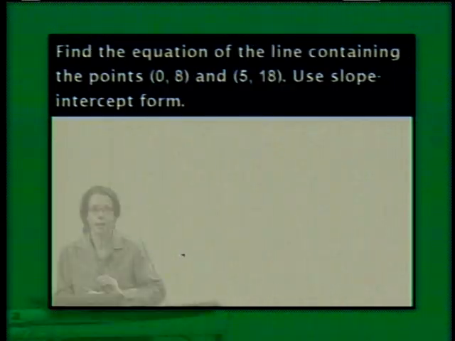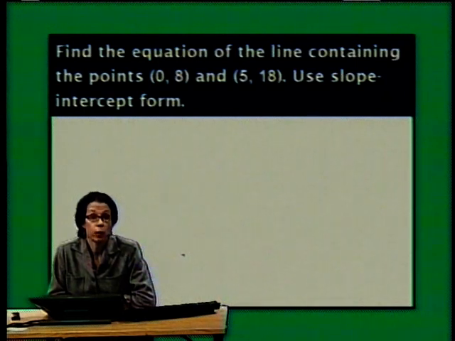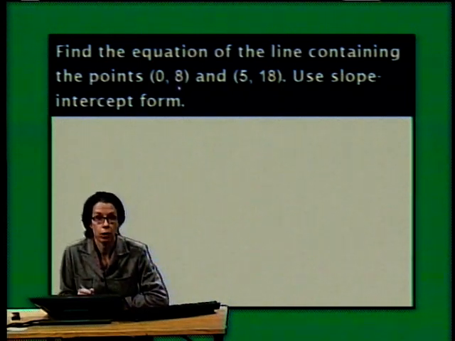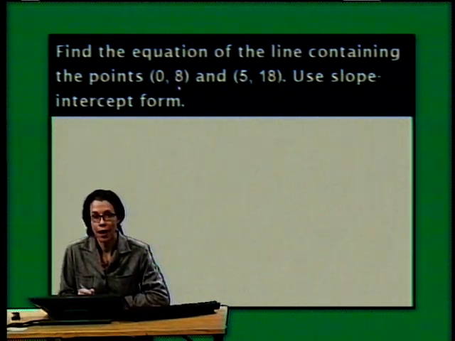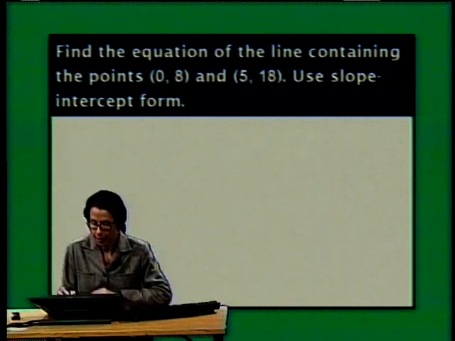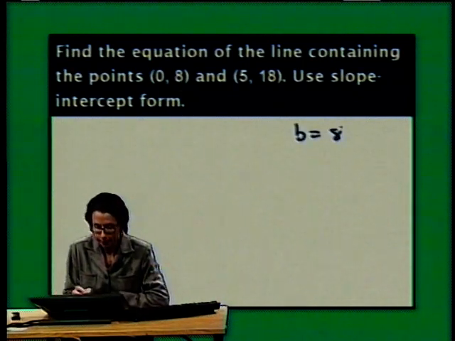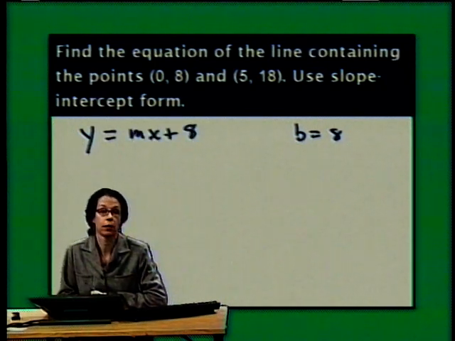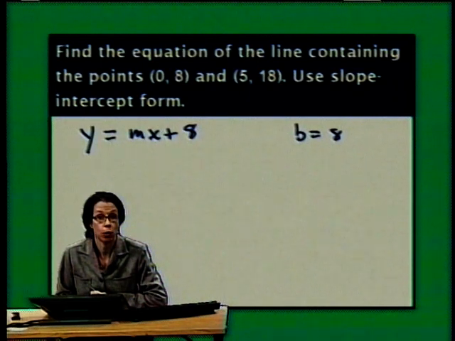Let's do another example. In this example, we don't have a picture. We're just given 2 ordered pairs. The first ordered pair, (0, 8), is the vertical intercept. So I know the value of b is 8. So I have an equation of the form y equals mx plus 8. So now I just need to determine the slope.